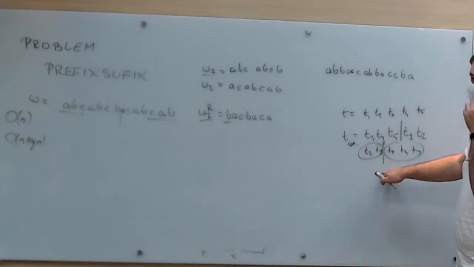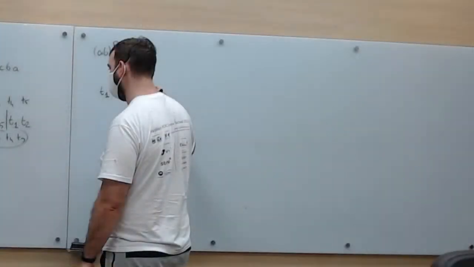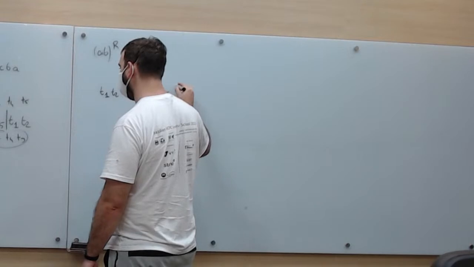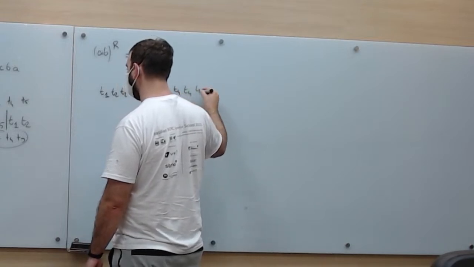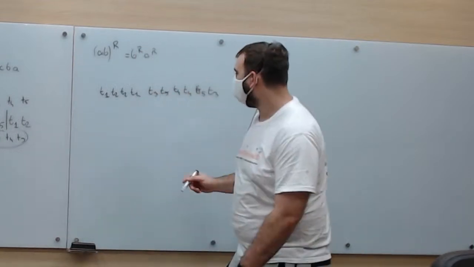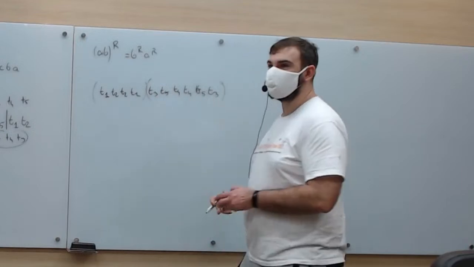So now, when I have this convolution, I will have T1, T2, T2, T1, and then T3, T5, T4, T4, T5, T3. So what I have is basically two palindromes. This is a palindrome, and this is the other palindrome.